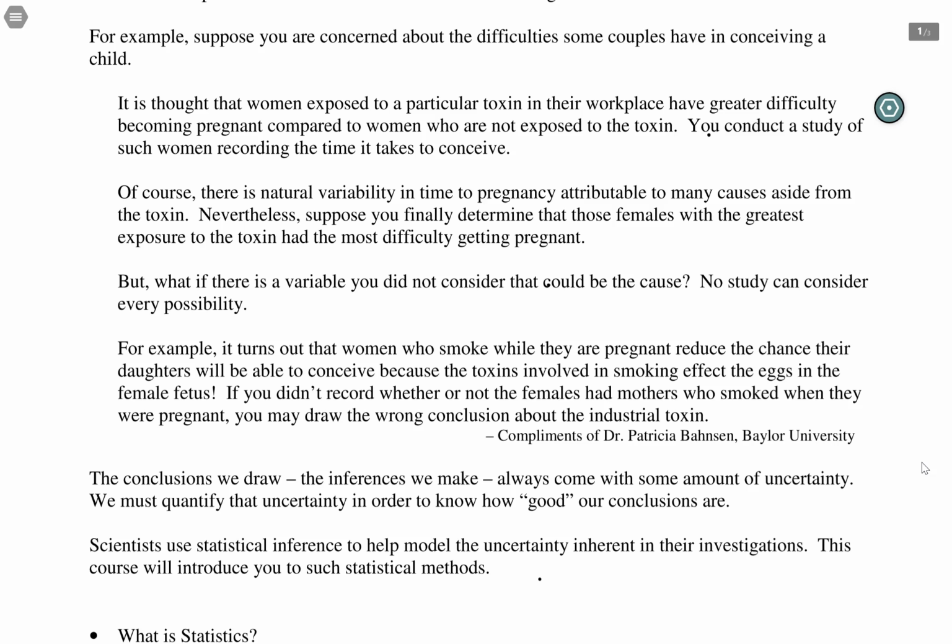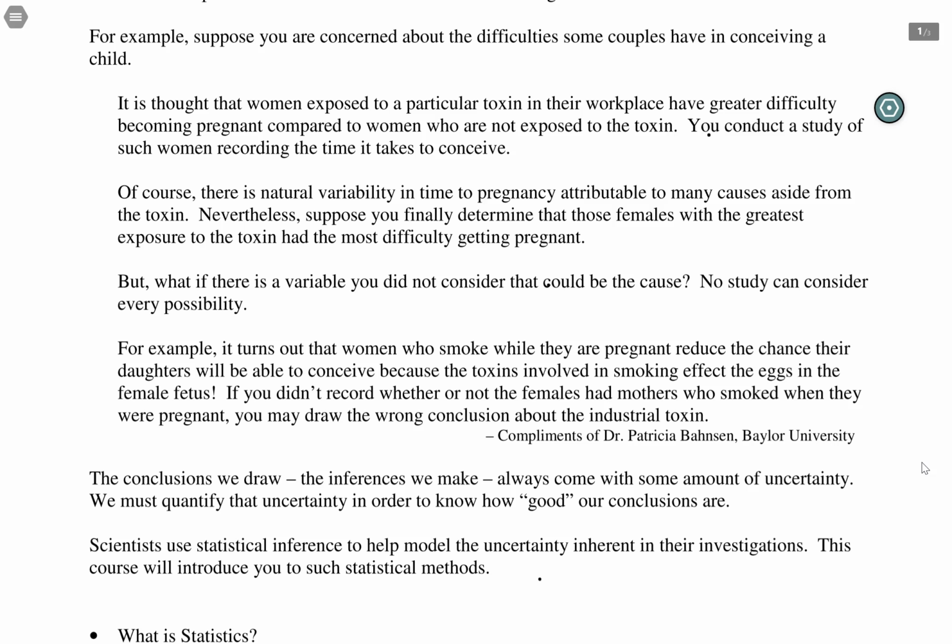It is thought that women exposed to a particular toxin in the workplace could have greater difficulty in becoming pregnant compared to those who are not exposed to the toxin. And so what could be done is you conduct a study of such women, recording the time it takes to conceive.